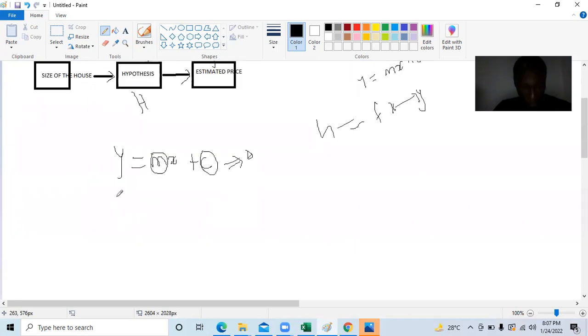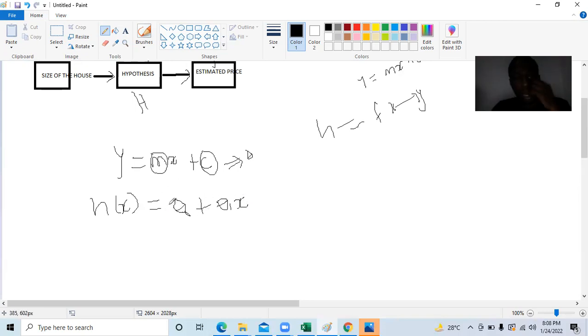So instead of this, we'll be doing h of x, which is our hypothesis, equals theta 0 plus theta 1 x.